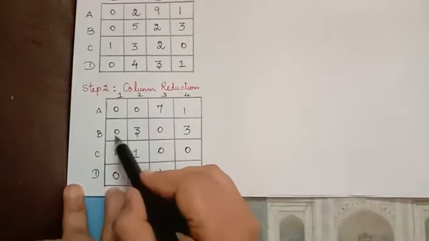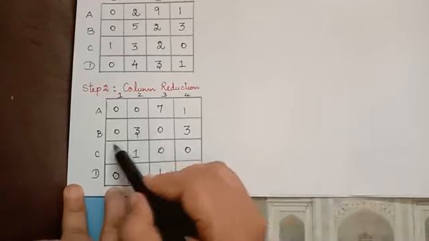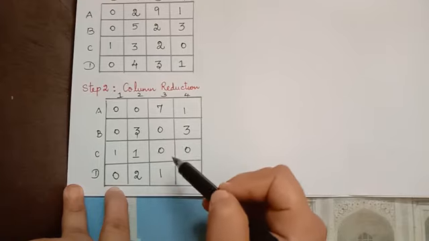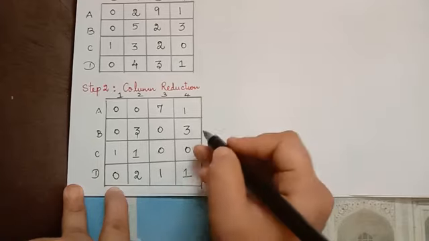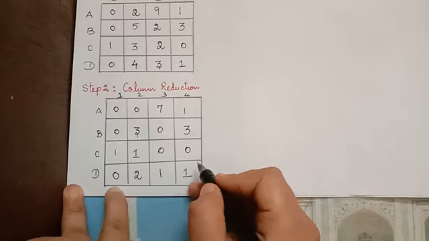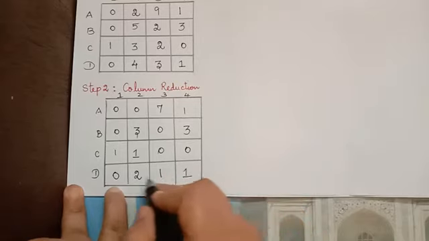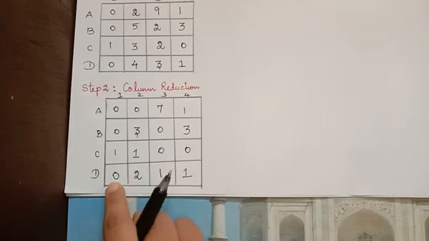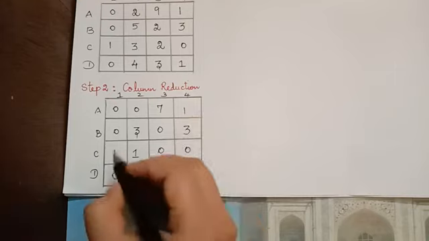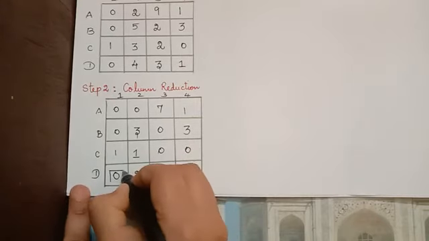Here also in this row, again we have 2 zeros. So we shall move on to check the third row. Here also we have 2 zeros, and so we shall move on to the last row. In the last row, the only 0 available is this 0. So definitely we have to select this 0 for this row.